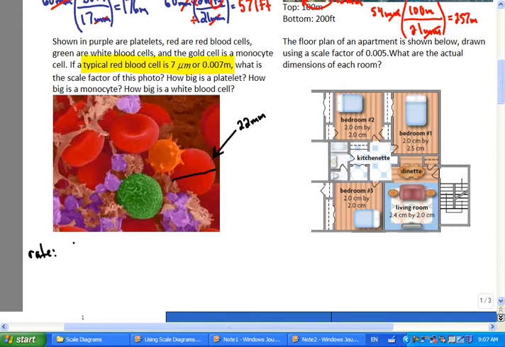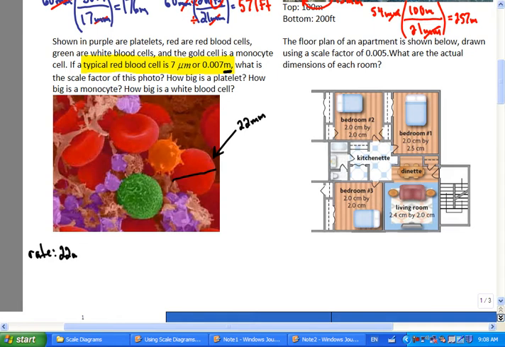The rate that we have is that in the picture we have 22 millimeters, and in the problem we're working with meters. So before we can do this, we need to convert 22 millimeters into meters to keep the units together.